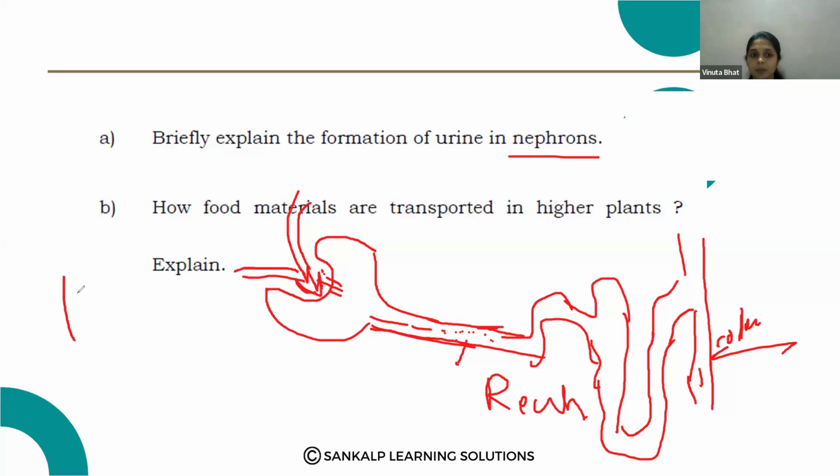From the kidney, these are the ureters. This is the urinary bladder. Then the urine moves out through the urethra. So like this, the formation of urine takes place in the nephron.